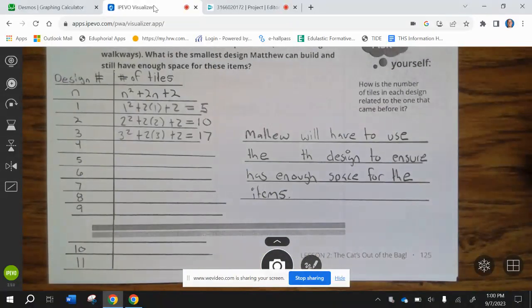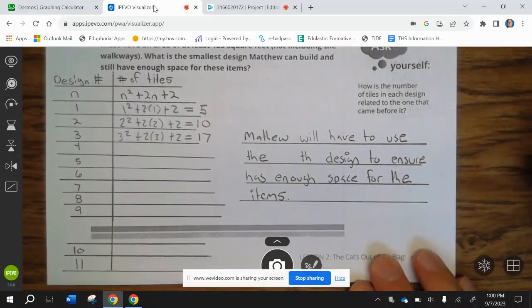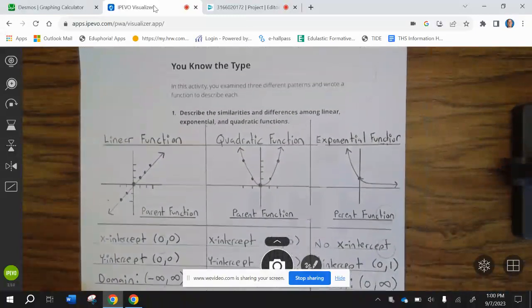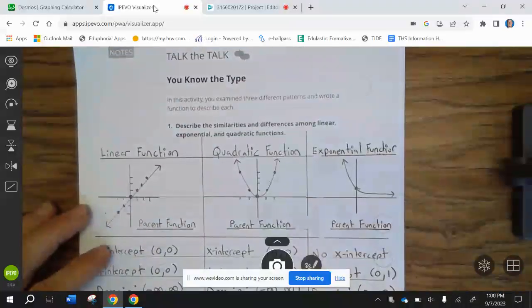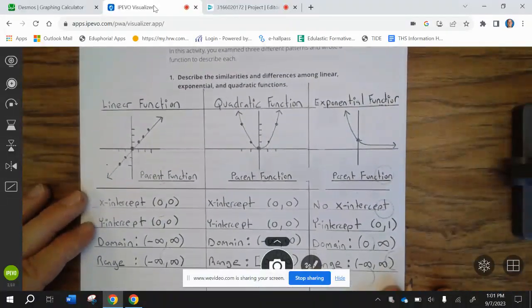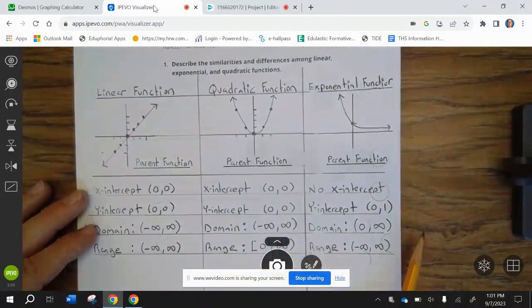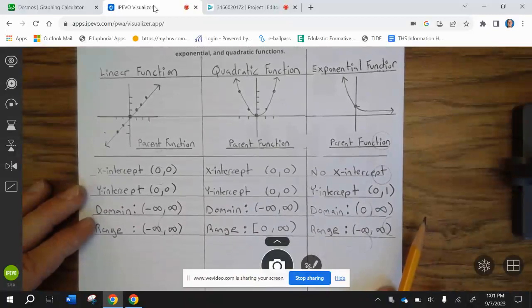All right, let's take a look at the next page. Now, there's no question with this one. I just want you to fill out this information. So it says describe the similarities and differences among linear, exponential, and quadratic functions. Here are those differences.